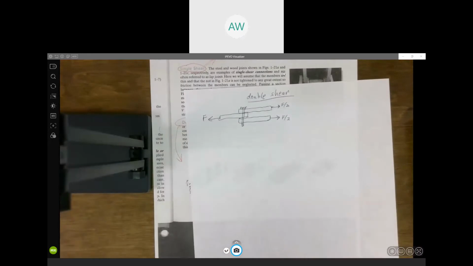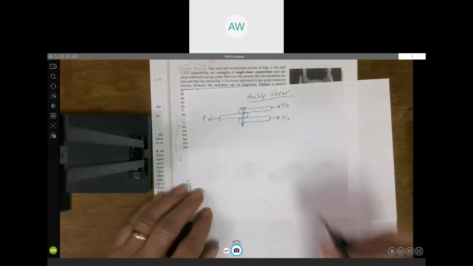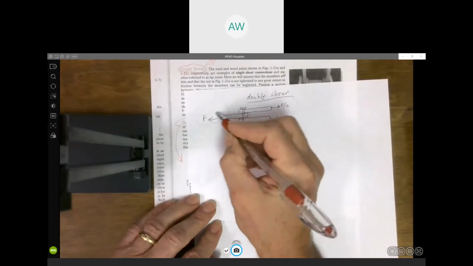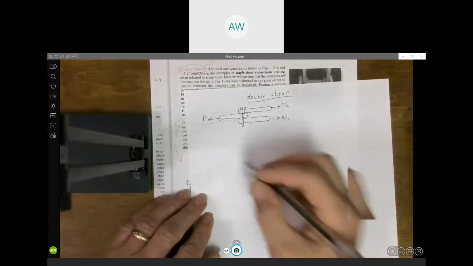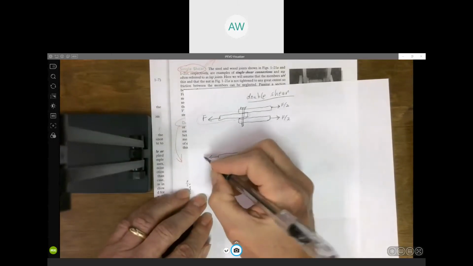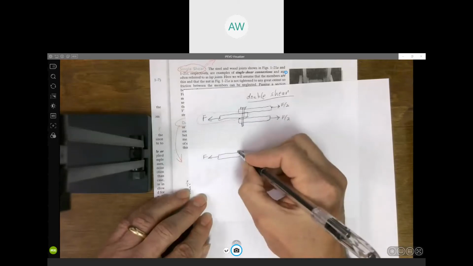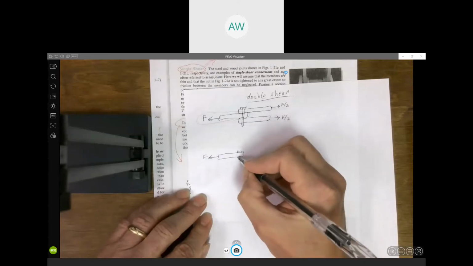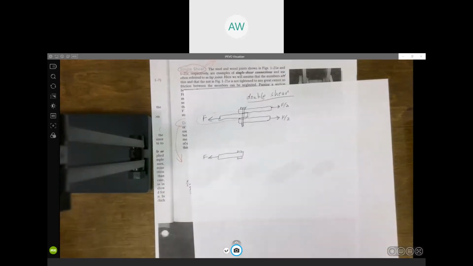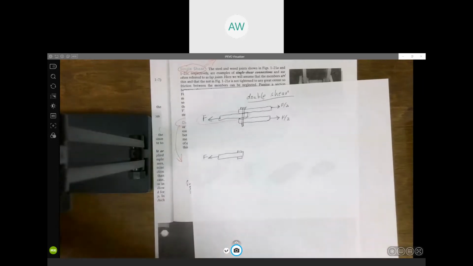And so you can think about this one of 2 ways, right? If you look at this member, where you have F here, if you think about it this way, you literally have to cut through that bolt twice, right? 2 places.